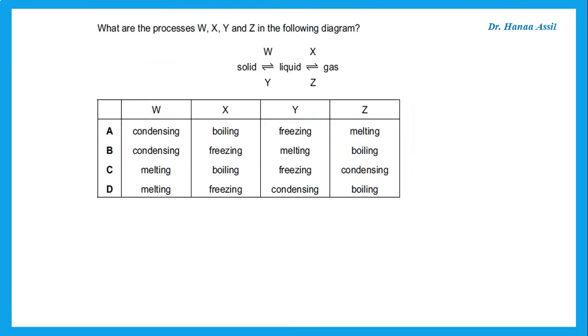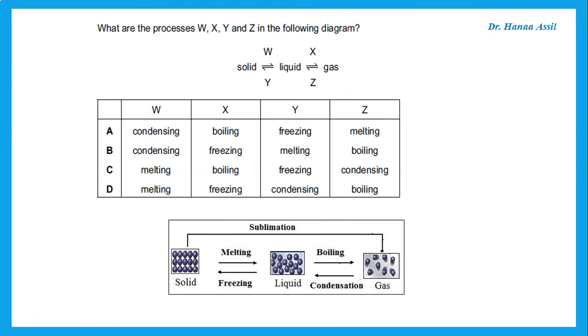What are the processes W, X, Y, and Z in this diagram? Again, pay attention to the direction of the arrows. So W is going from what to what? From solid to liquid. Solid to liquid is melting. So my answer is C or D. What about X? What is X?